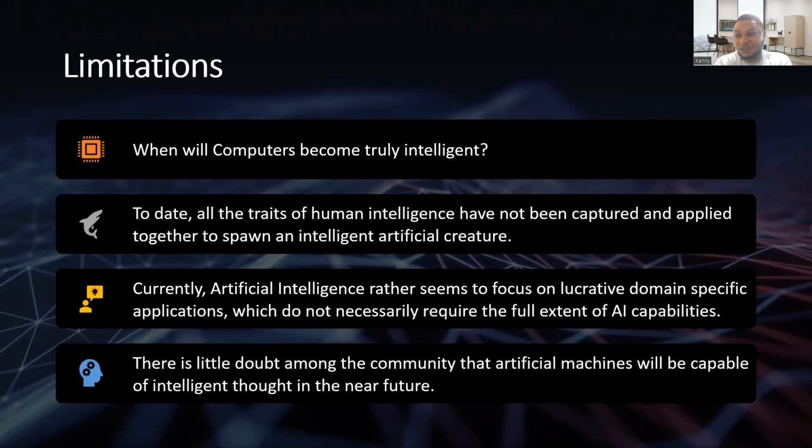So those are the limitations. There is still some laxity, let me put it that way. Artificial intelligence rather seems to focus on lucrative domain-specific applications, which don't necessarily require the full extent of AI capability. Those are some of the things that people are concerned about as far as the limitations of AI.